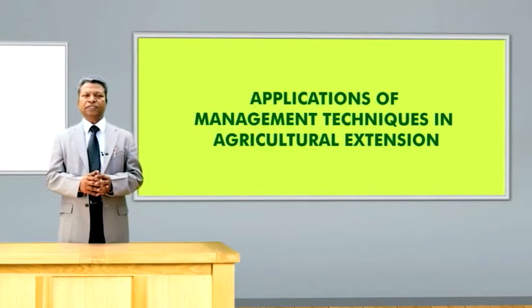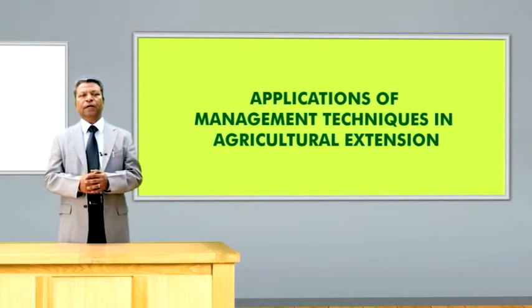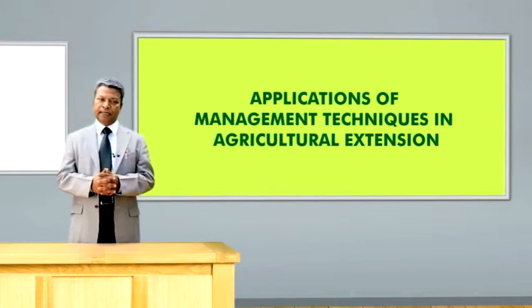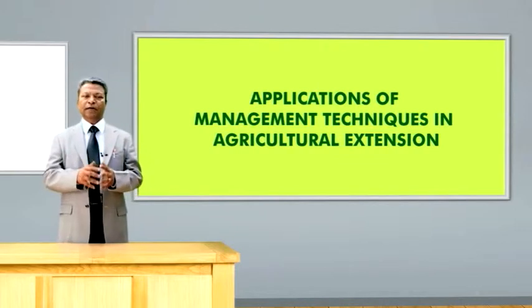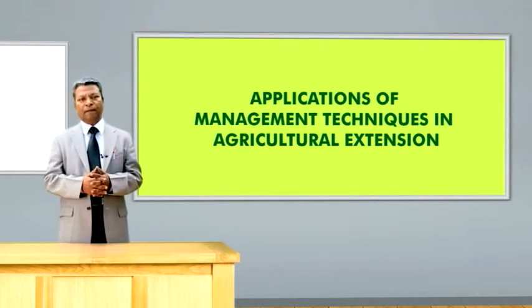We will have 7 sections like objectives, introduction, application of management techniques, changing roles of extension manager, management of agriculture and rural development programs, and finally, we will sum up.